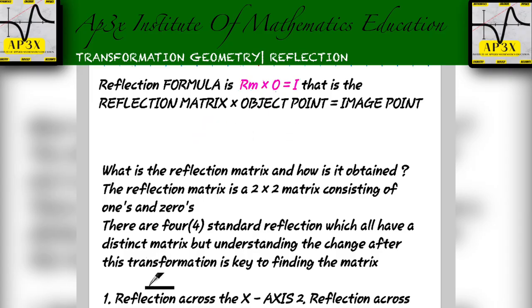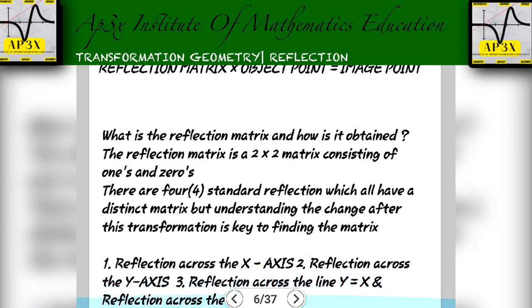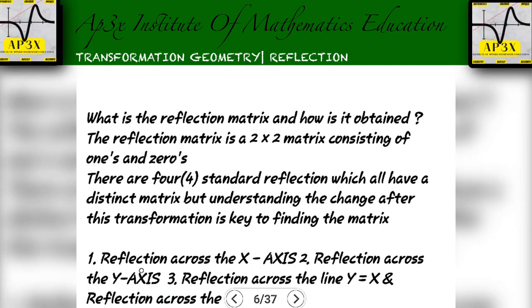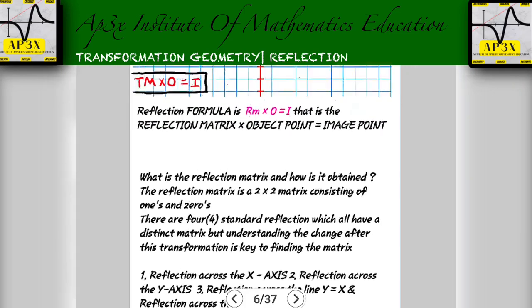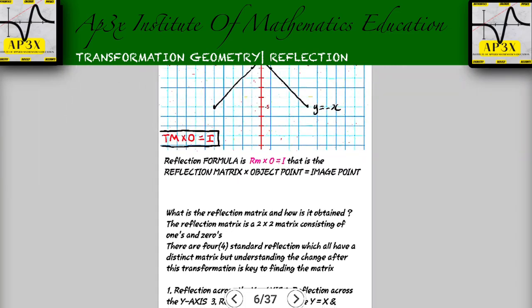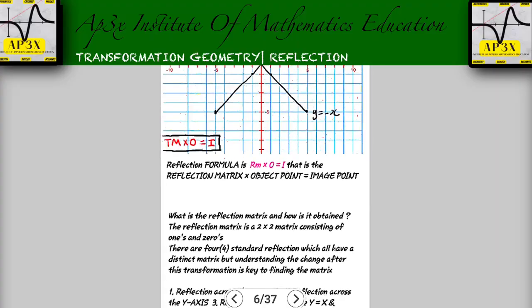So I'm hoping I'm going to be able to give you an easy way to remember this. Here we're looking at a reflection across the x-axis. Then we have a reflection across the y-axis. Then a reflection across the line y = x, and a reflection across the line y = -x, down at the bottom.